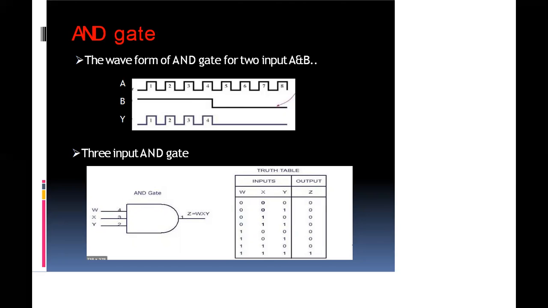And only if all the input values are one, the output is one, and for all other input values, we get the result 0 for three input AND gate.